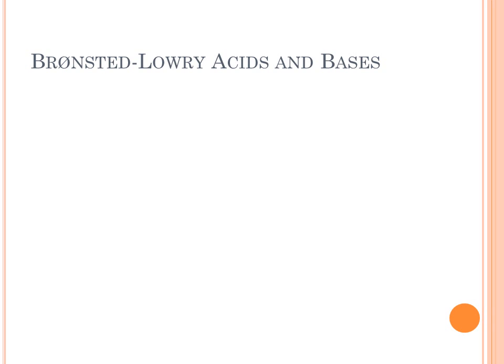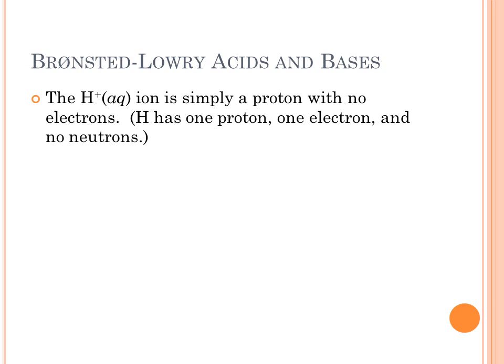A little bit more complex definition is the Bronsted-Lowry definition of acids and bases. In this case, the H plus ion is, remember, that's just a proton with no electrons, where a neutral hydrogen atom has one proton and one electron, but no neutrons, typically for the common isotope.